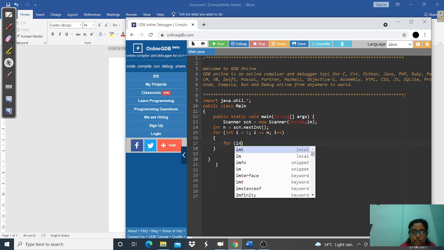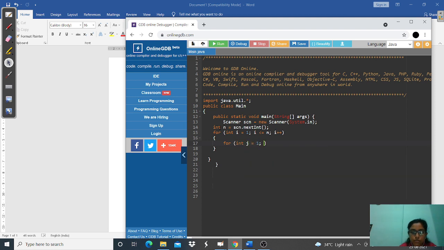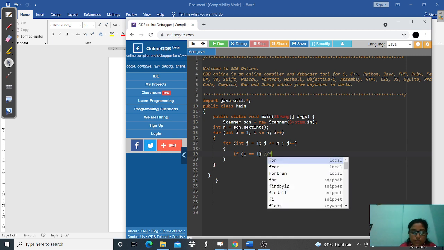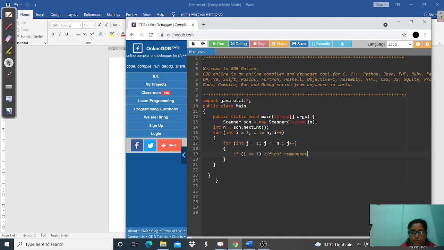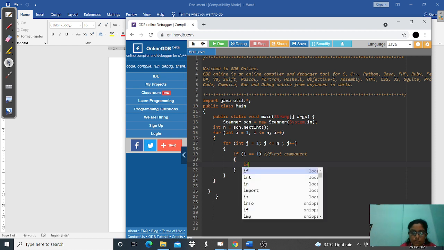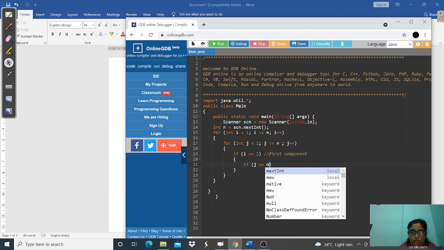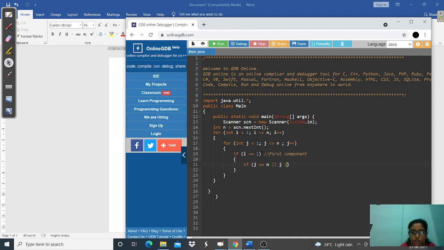Again start a for loop for another integer: int j equal to 1, j less than or equal to n, j plus plus. i equal to 1, and this is our first component. j equal to n, l is equal to n by 2 plus 1.